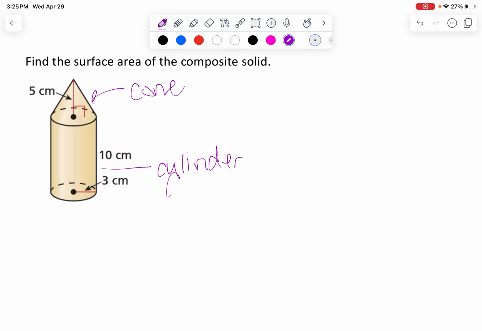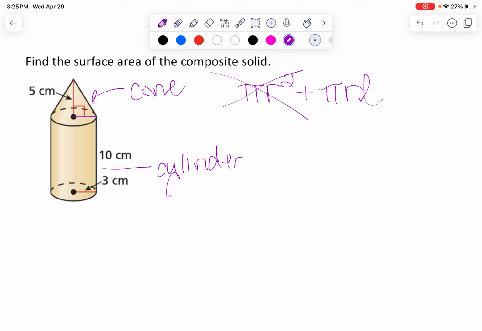Okay, so the cone, the formula for a cone is pi r squared plus pi r L. But in this particular case, we do not have the bottom part. We don't have the circle, the base is covered up. So we're not going to be talking about that circle part.